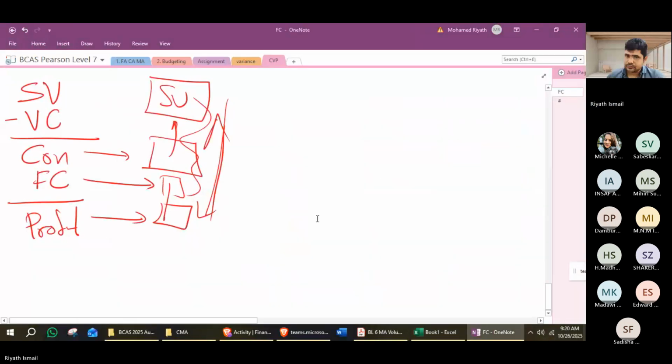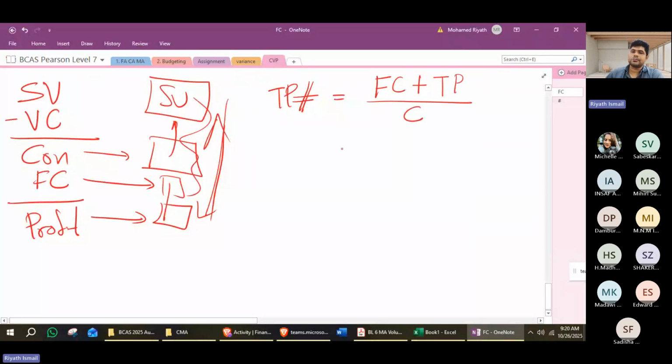The formula required: the target profit units equal fixed cost plus target profit divided by contribution per unit. Here fixed cost 68 million plus target profit 16 million divided by contribution per unit 6,000. Then when you solve this formula, we can get 14,000.